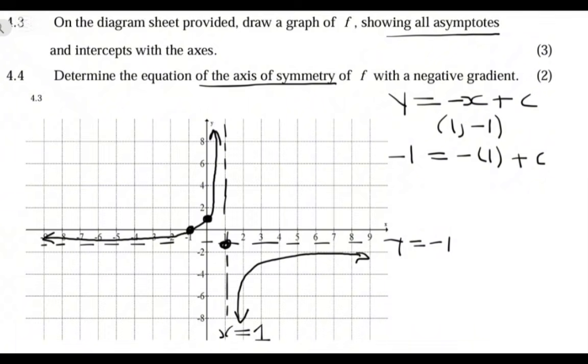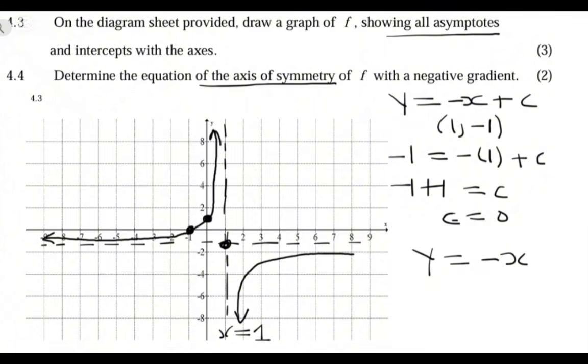And then when I take 1 to the other side, it's going to be 1 plus 1, which is equal to c. c is going to be equal to 0. And then my new equation is going to be y equals -x. It's unnecessary for me to write 0. So this is going to be the equation of the axis of symmetry with negative gradient.